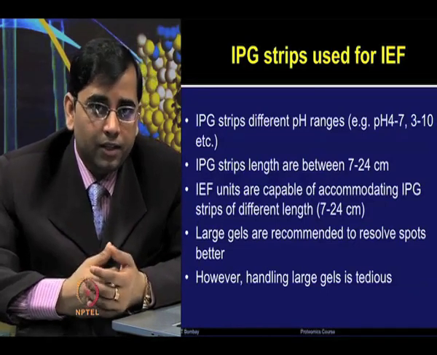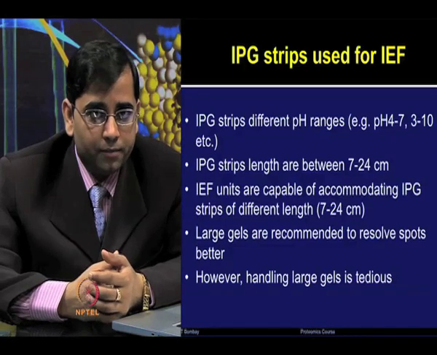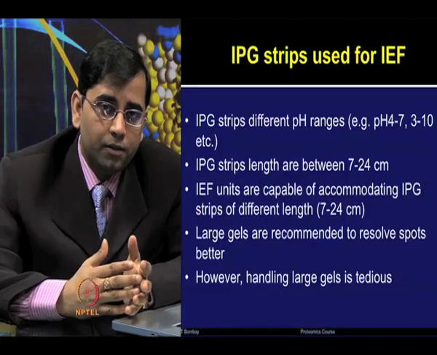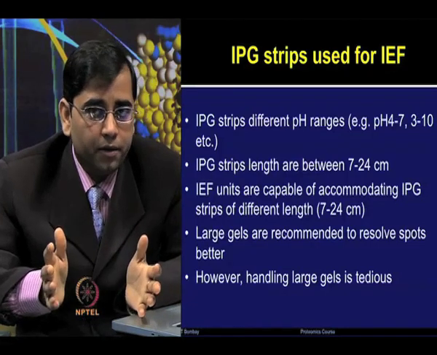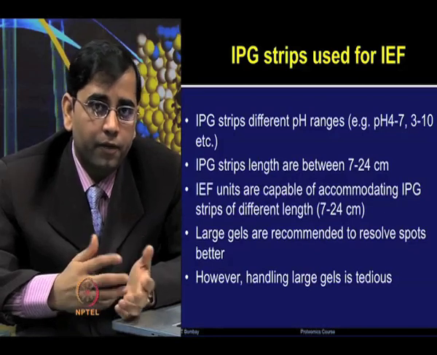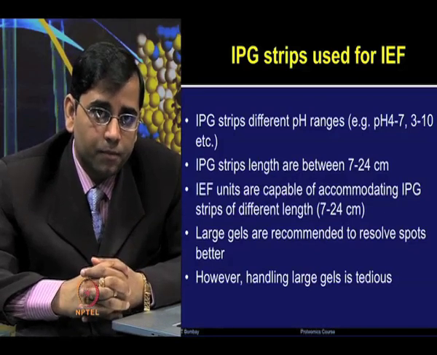Now, what length of IPG strip should be used? One can use starting from 7 centimeter till 24 centimeter. There are different types of strips being manufactured by different commercial companies.